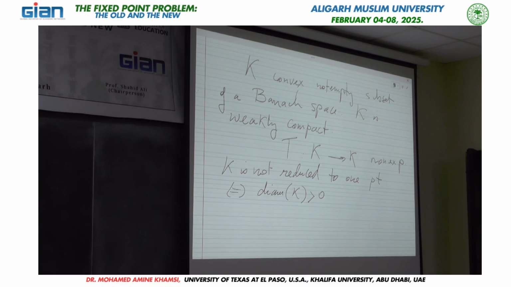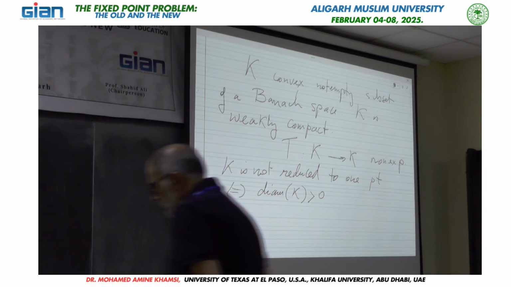So, of course, which one is important to us since 1965 and before? It was the one which is known as the weak fixed point property. The problem is many of us do not distinguish between the weak fixed point property and the fixed point property, and therefore it misleads the reader if you are not careful.